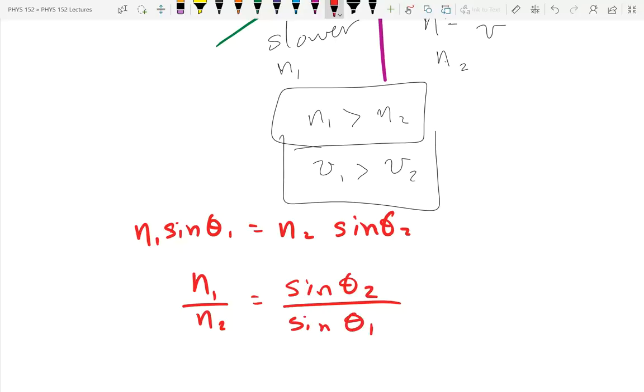So we use Snell's law to actually find the ratio of those two indices of refraction if we know the angles. I still can't tell you what the index of refraction of either of them are, but I can tell you that much.